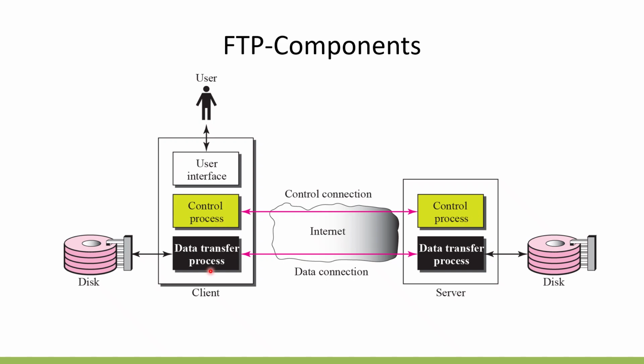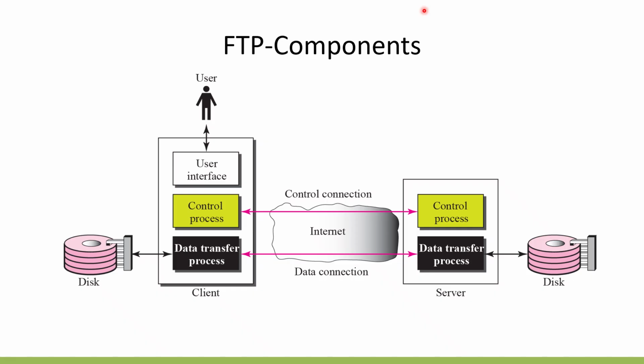The data connection is made between the data transfer processes. The control connection remains connected during the entire interactive FTP session. The data connection is opened and then closed for each file transferred. It opens each time commands that involve transferring files are used, and it closes when the file is transferred.